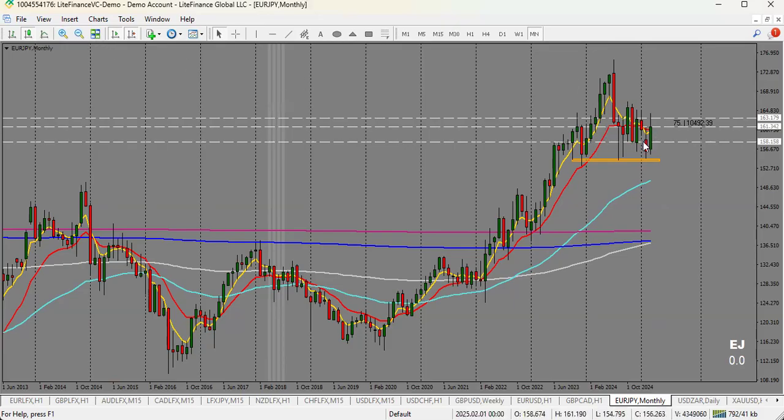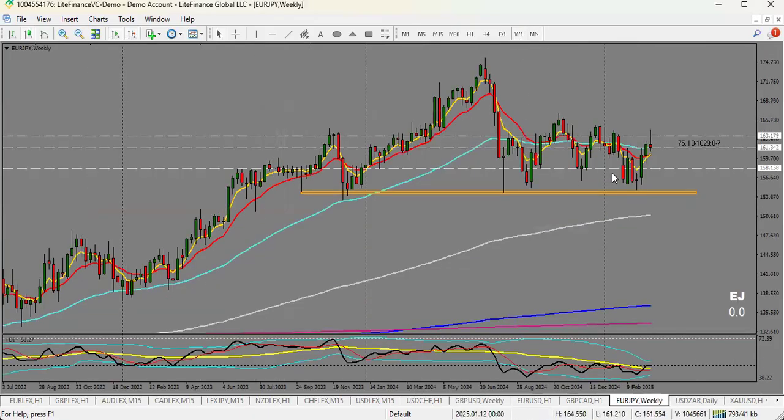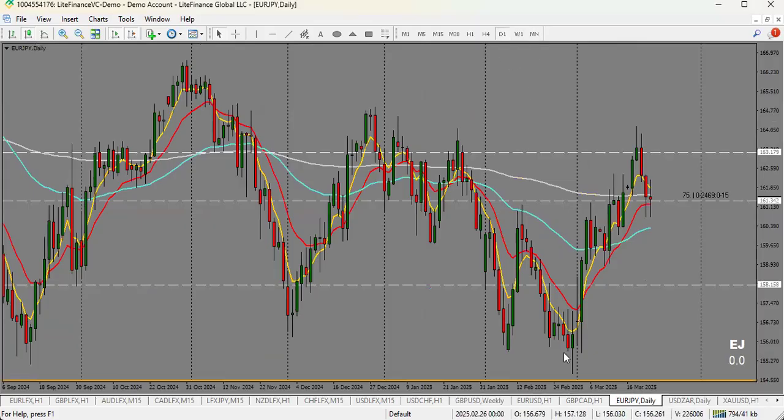But if price had broken this area, then we should be expecting more of a downtrend there. But for now, this consolidation still holds. So even on the weekly time frame, we still have a bullish momentum there.